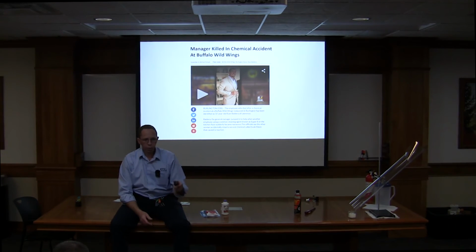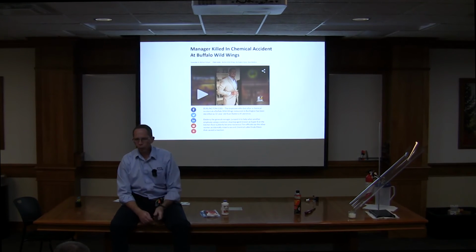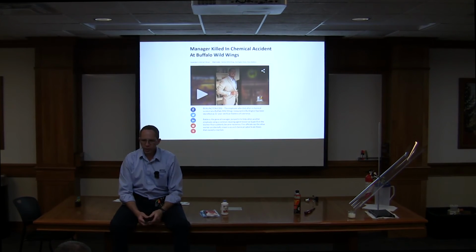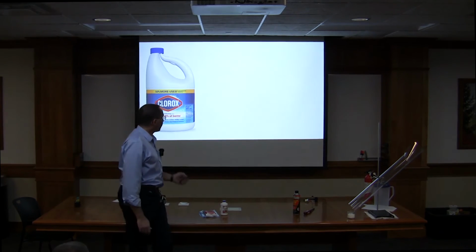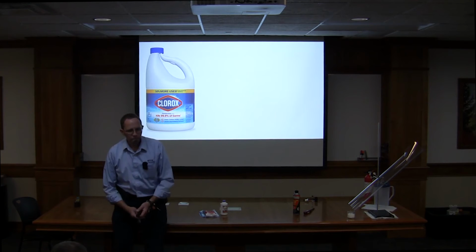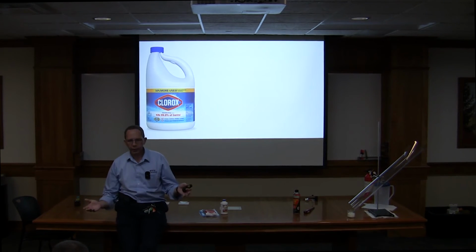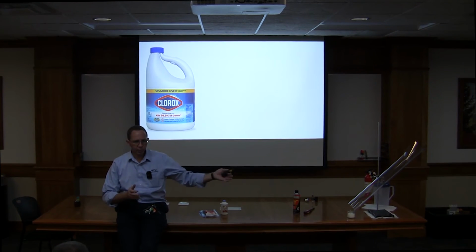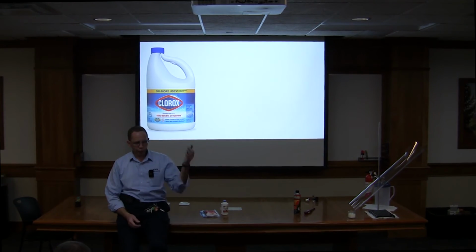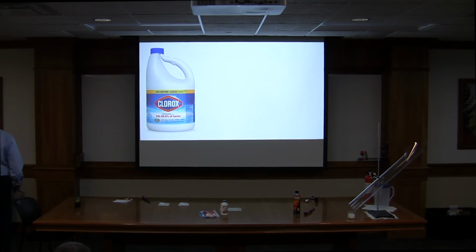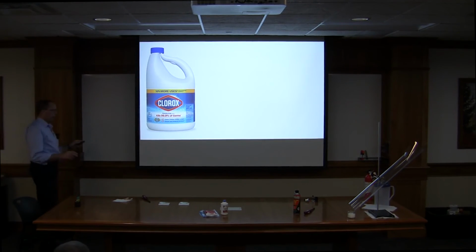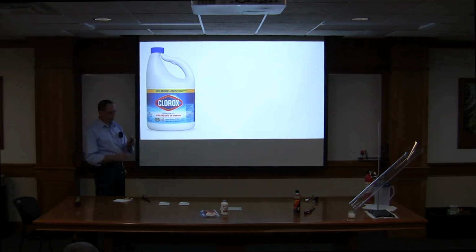Now, who's got the safety data sheet for Super 8? What's the primary ingredient of Super 8? Sodium hypochlorite. Sodium hypochlorite, also known as bleach. So what you've had here is bleach being mixed with an acid. Now, as you watch the news report there, you heard the fire chief say that the person involved saw that it bubbled and started to turn green.